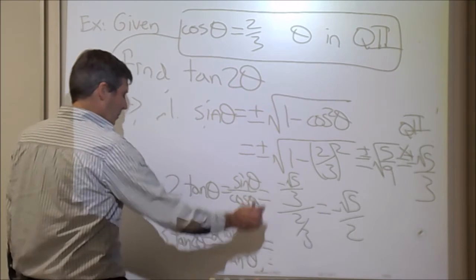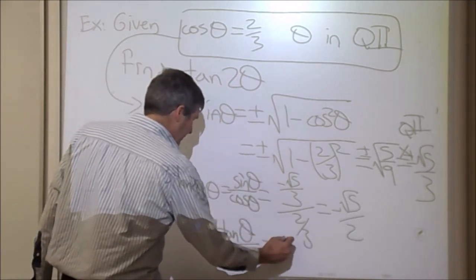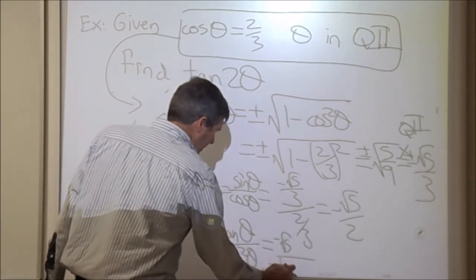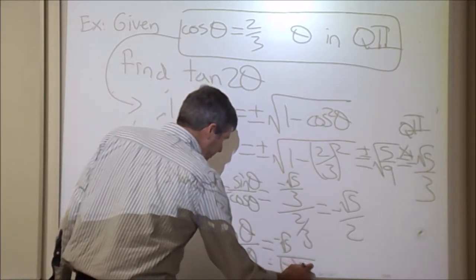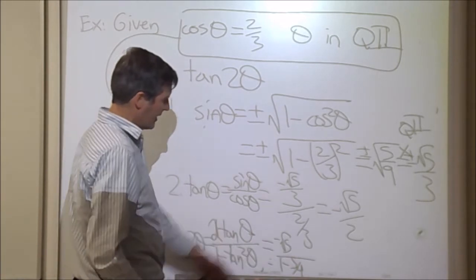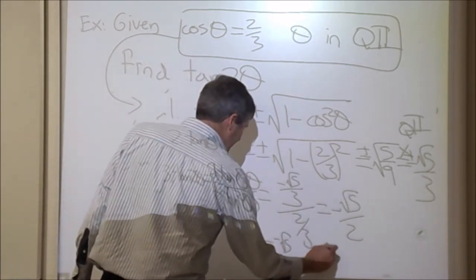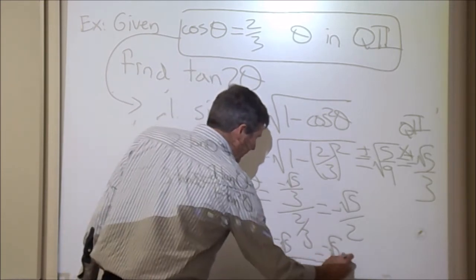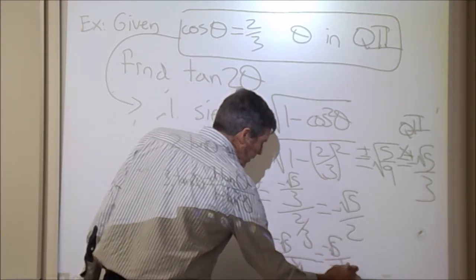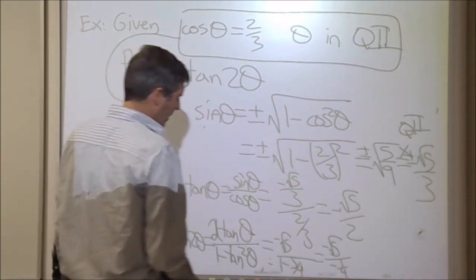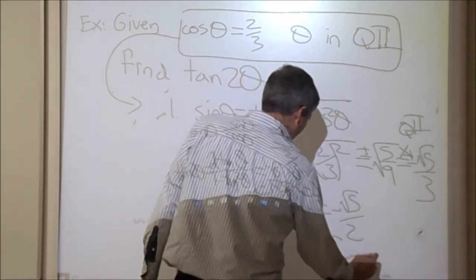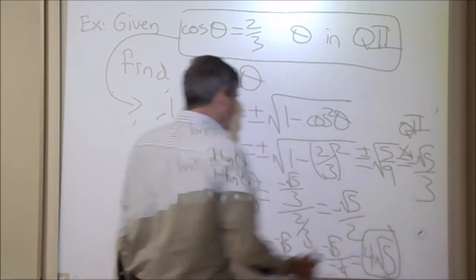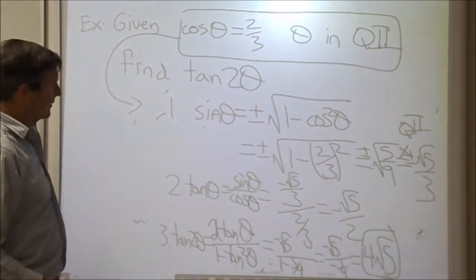That is twice the tangent of theta over 1 minus tangent squared, which is 1 minus 5/4. Well, 1 minus 5/4 is minus 1/4, so this is the square root of 5 over minus 1/4. And we wind up with minus 4 square root 5 for the value of the tangent of 2 theta.